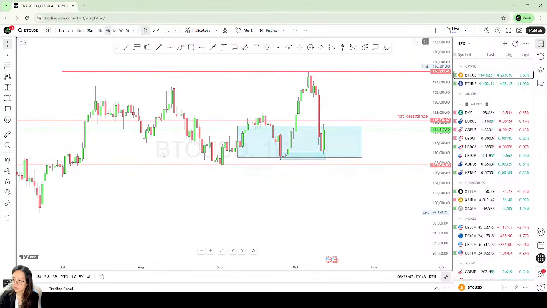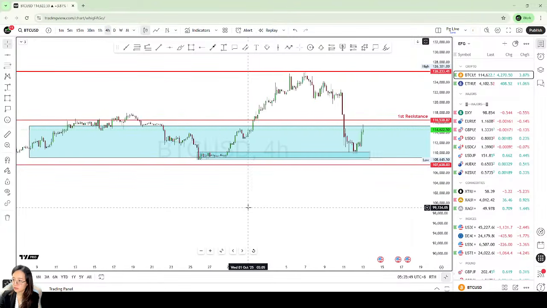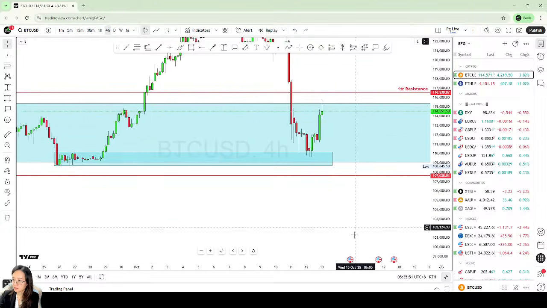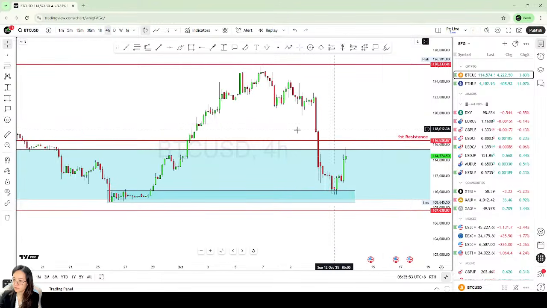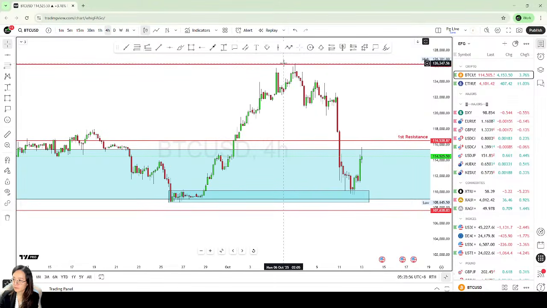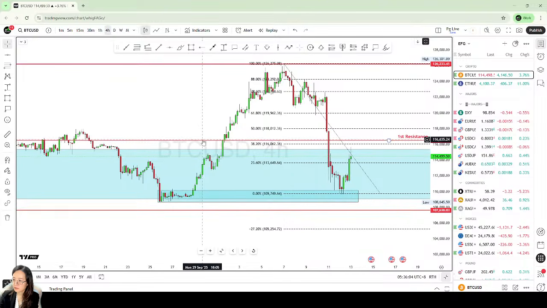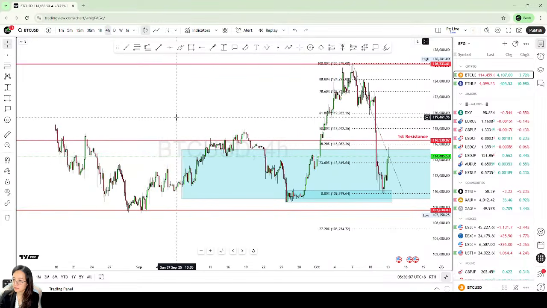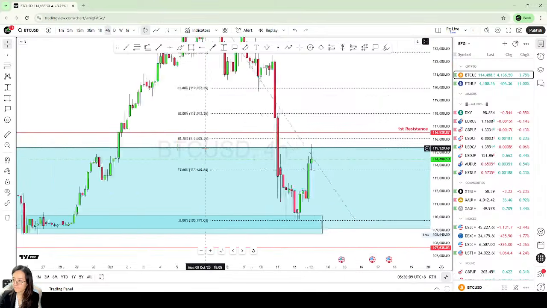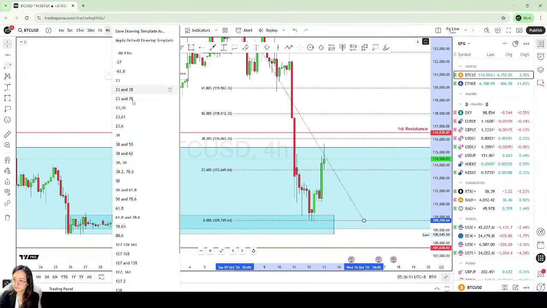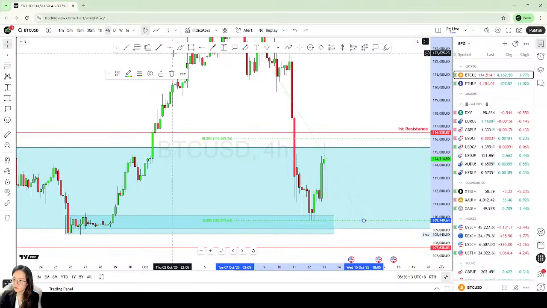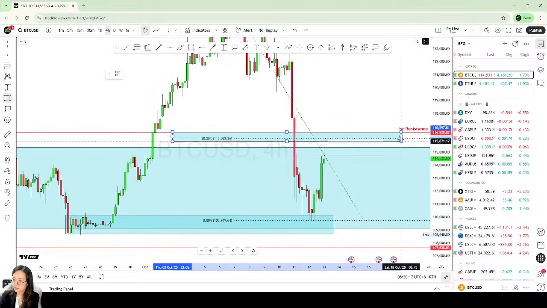Okay, let's do the H4. Based on the H4 time frame, the 8.2% is going to be, if you want to draw, this is going to be the zones.